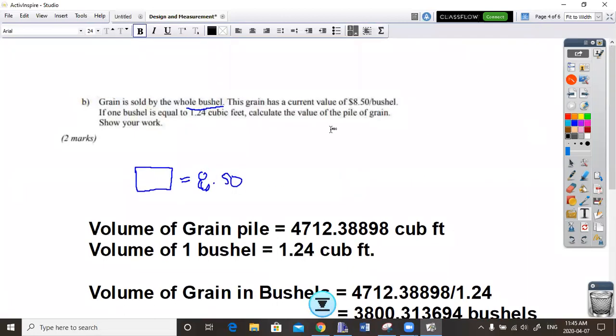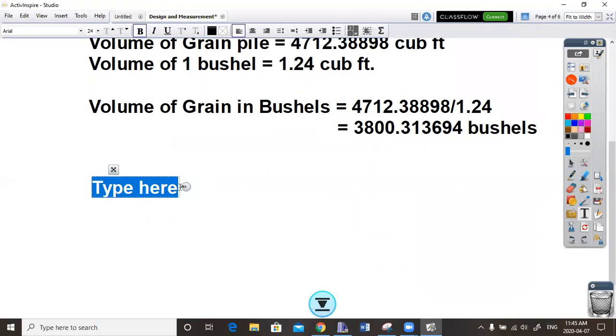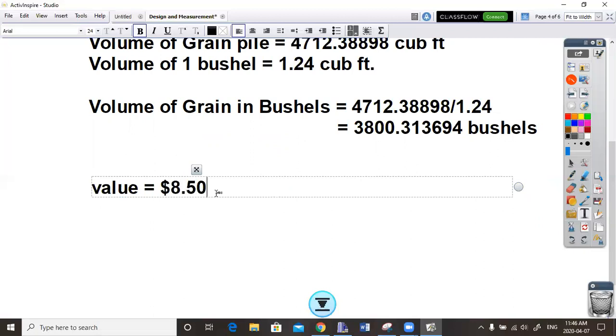It's asking us now, what's the value if 1 bushel is $8.50? The value will equal $8.50 multiplied by the number of bushels, 3,800.313694, and we'll get our final answer.